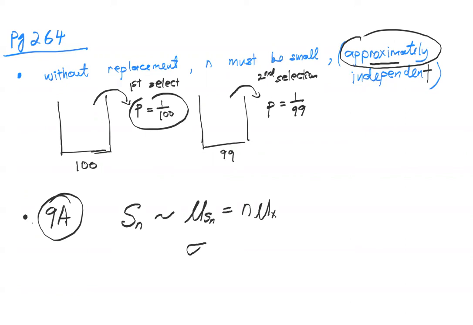And the standard deviation for the sum of n elements will be equal to the square root of n times the standard deviation of the population, correct? This is from your exercise 9A. So bullet 4 here is to tell you the same thing. If the population is normally distributed, the sum of a sample of size n will also be normally distributed with the mean of this and the standard deviation of this.